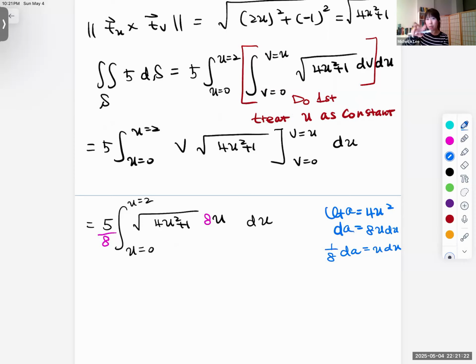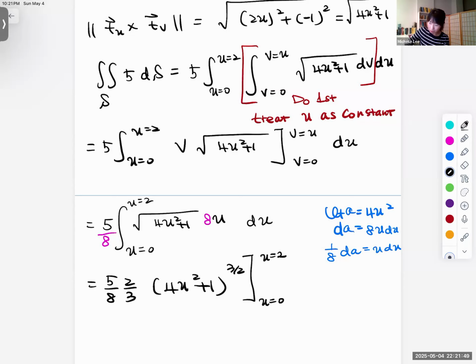Now the square root will be the power 1/2. Integrating, we get 3/2. So we have 5/8 times 2/3, and then 4u squared plus 1 to the 3/2, evaluated from 0 to 2.